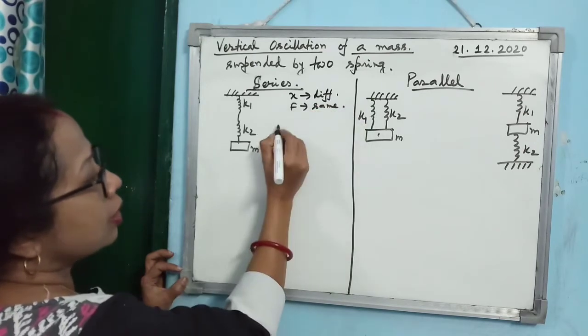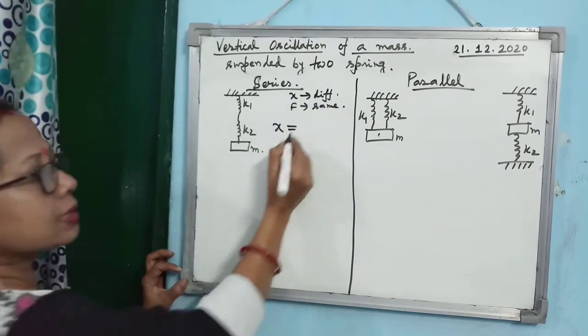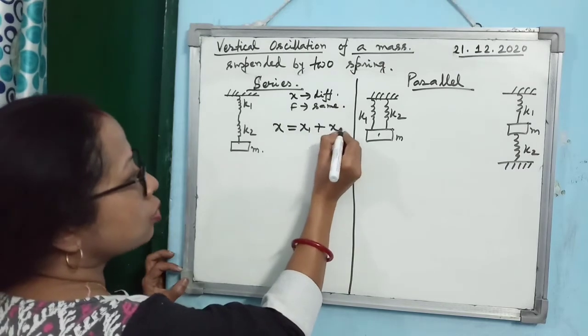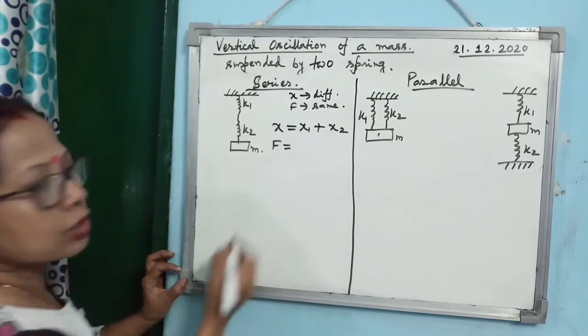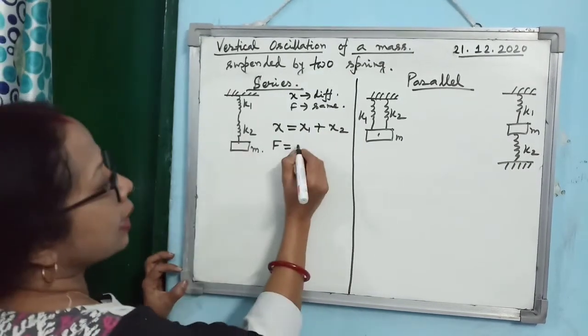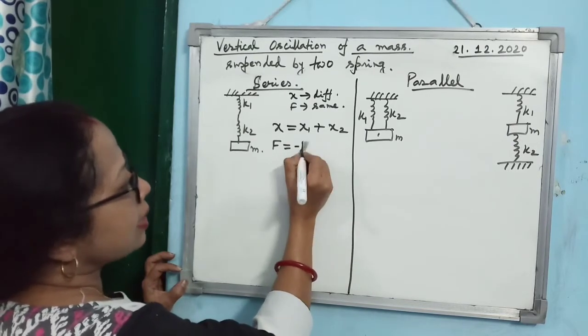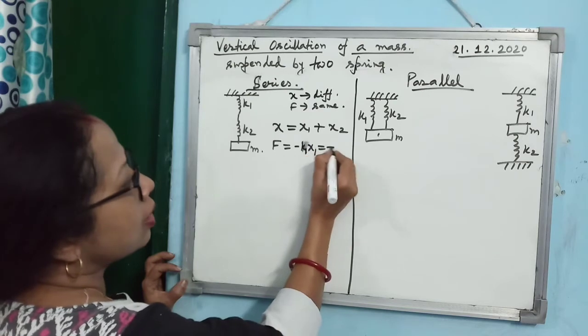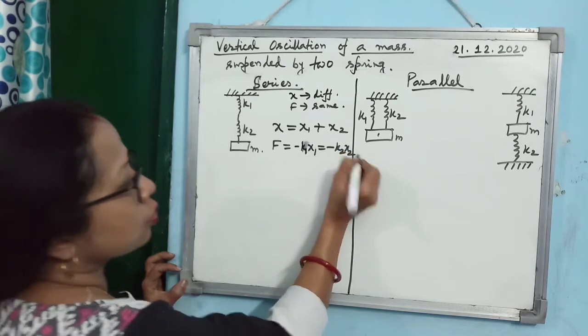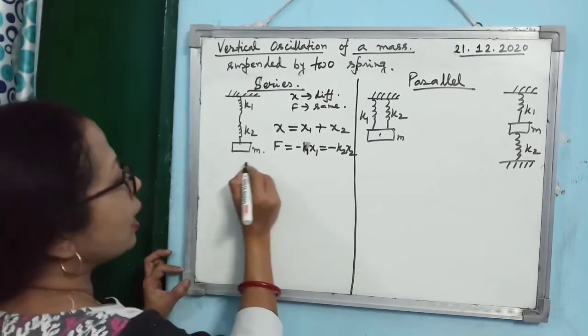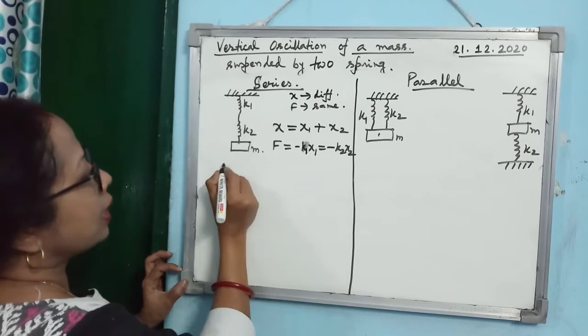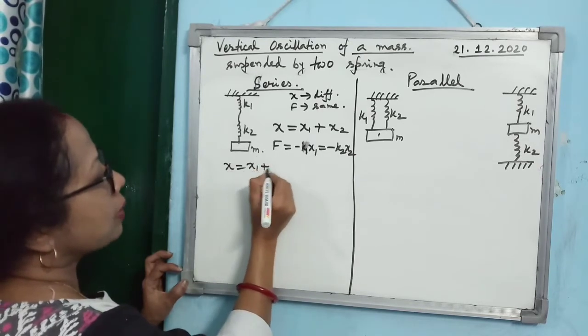And we have got that total displacement is given by x1 plus x2, and the restoring force for both the springs you can write as minus k1 x1 or minus k2 x2. Is that clear? So you have got from this one that x is equal to x1 plus x2.